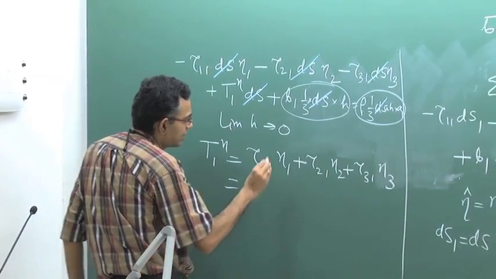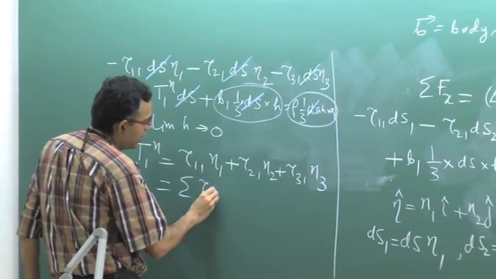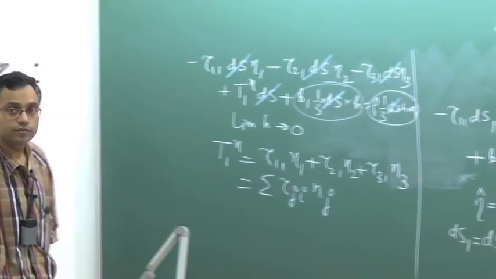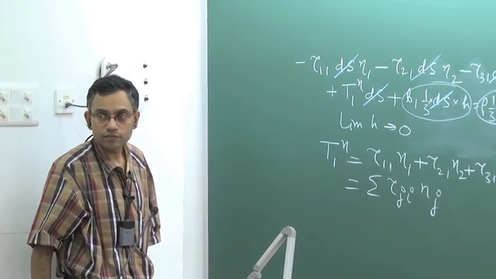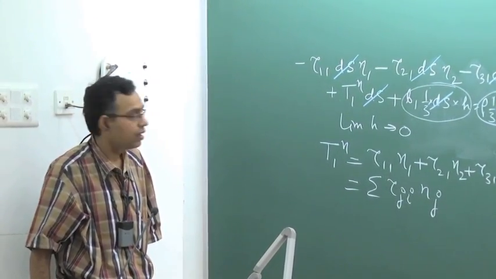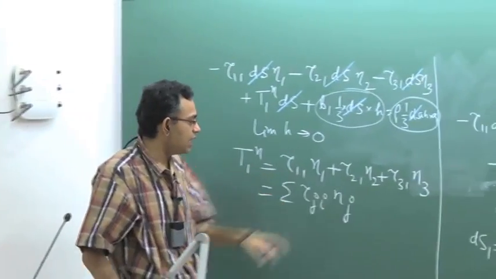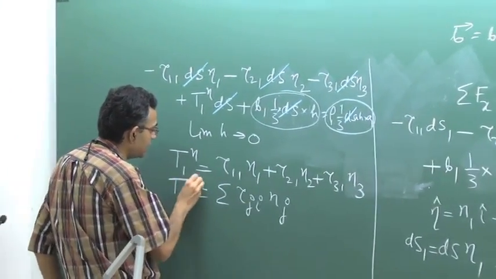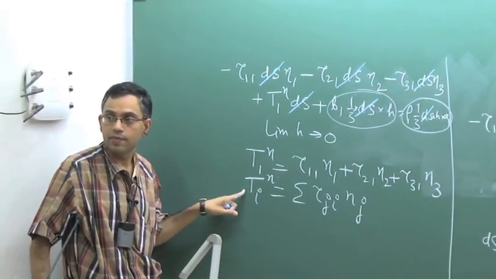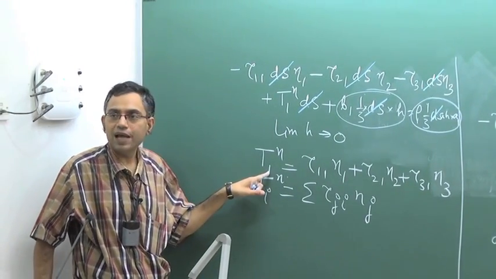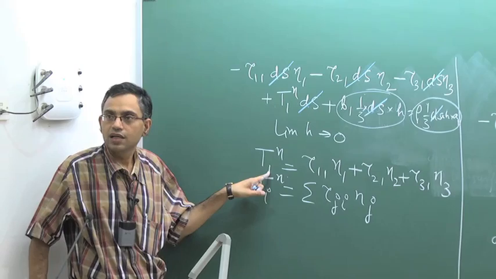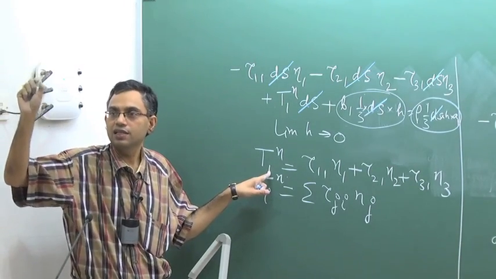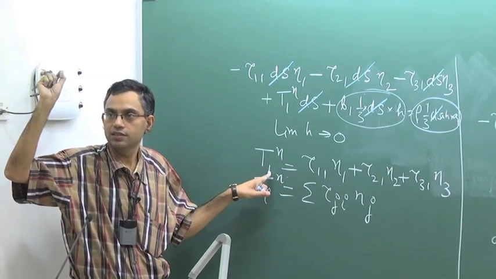This can be written as summation of tau ji eta j. If you use this index i instead of 1, so 1 is force balance along x. Instead of that, you can make force balance in any arbitrary direction i. Just replace 1 with i.